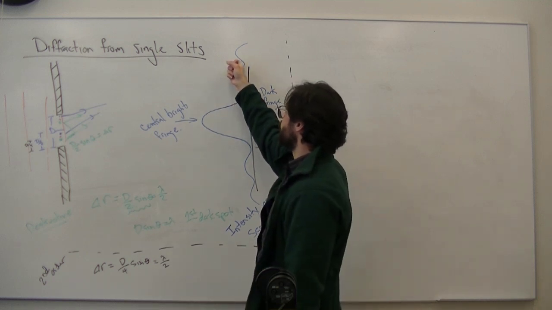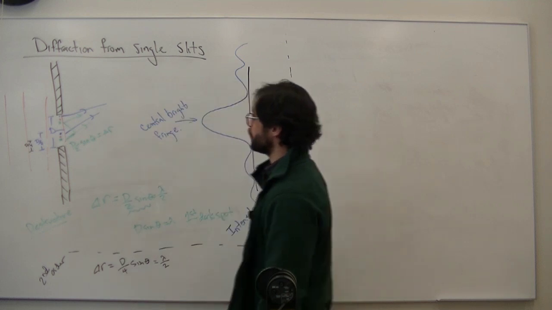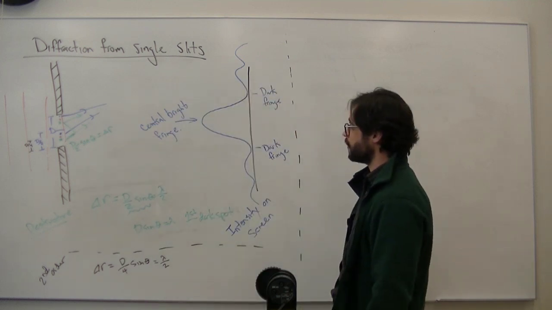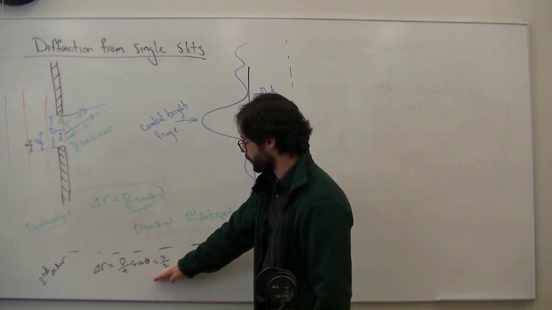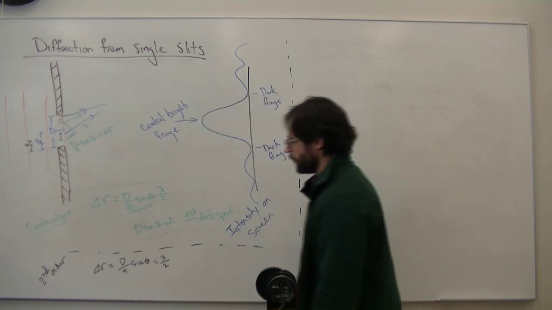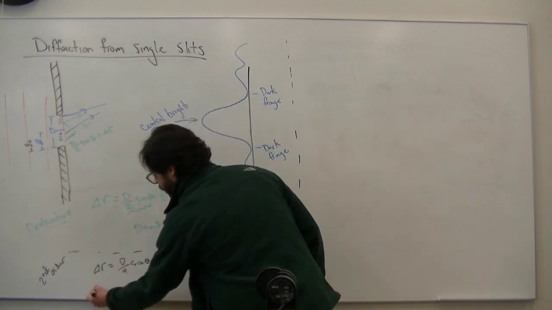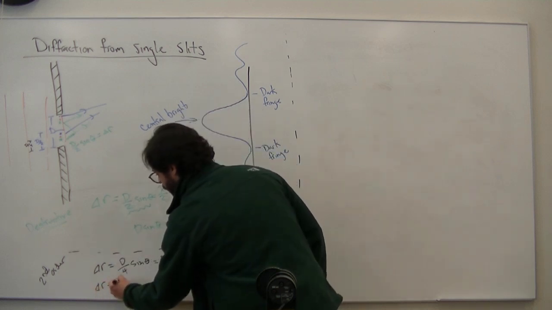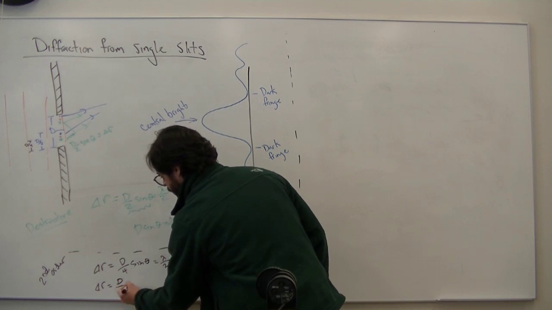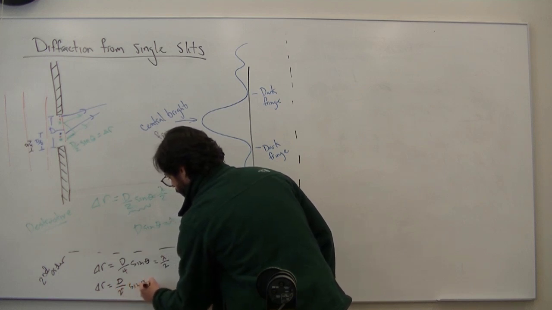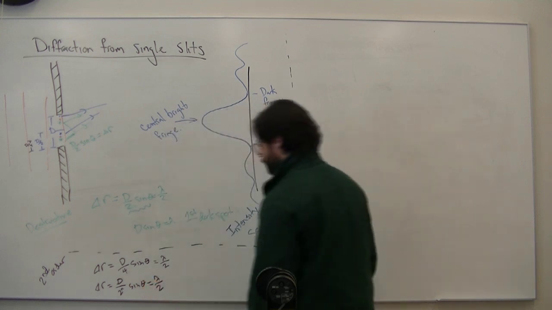This is characterized by light from each quarter of the slit destructively interfering with the next quarter of the slit, but it's always first order destructive interference, it's always lambda over 2. And so the general formula would be delta R, the path length difference, is d over 2 to the n sine theta equals lambda over 2.